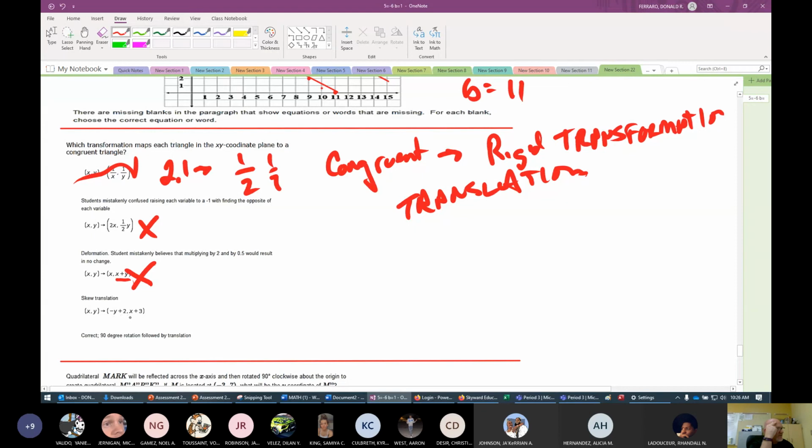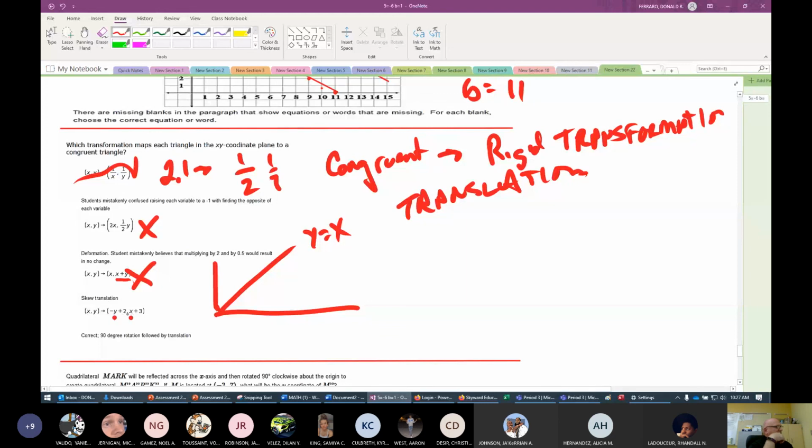Everything, if you notice, our x's do not change because they don't have a coefficient.